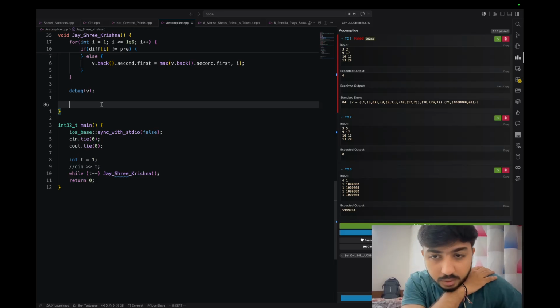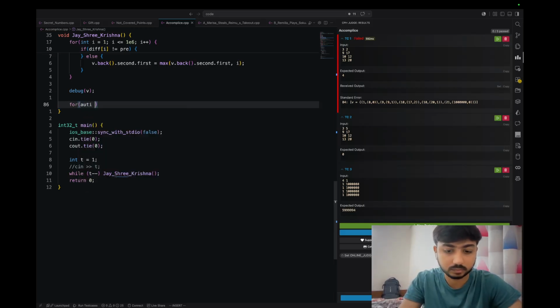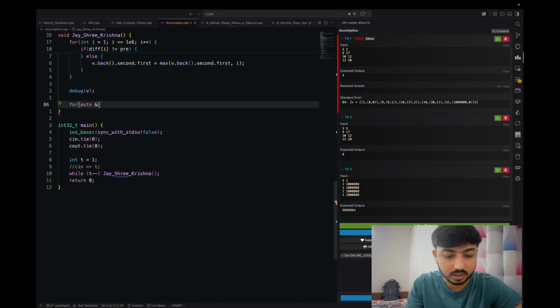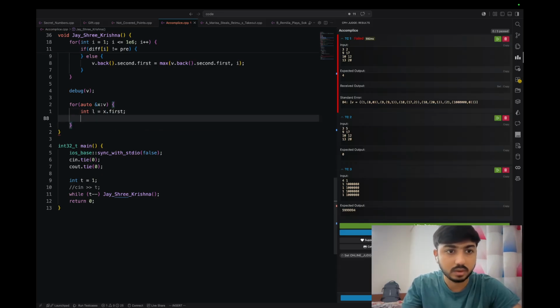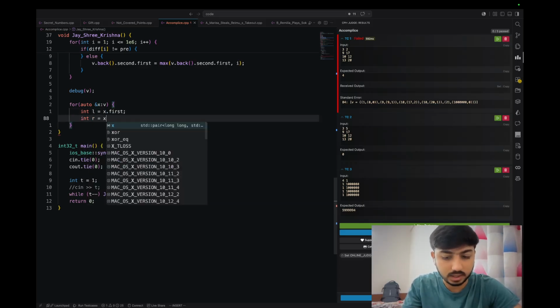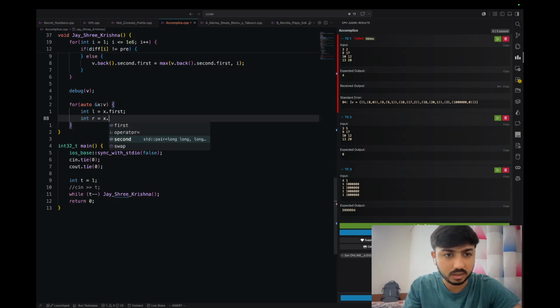You have to iterate through each interval. Let's say we call it x. We have L, that is x of first. We have R, that is x dot second dot first.